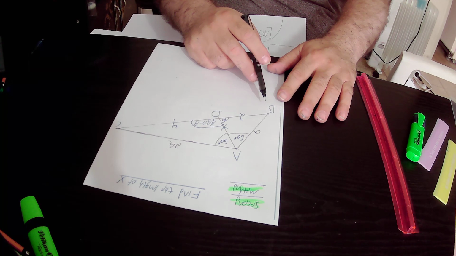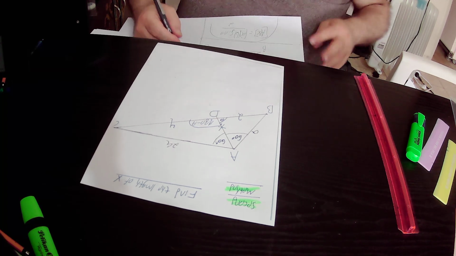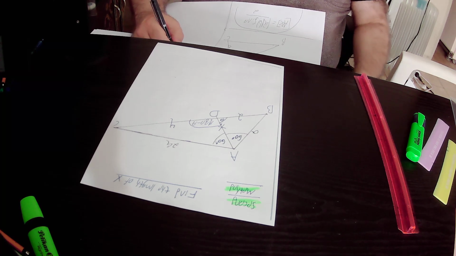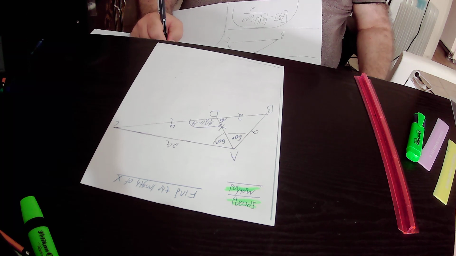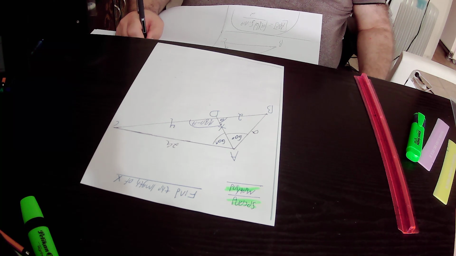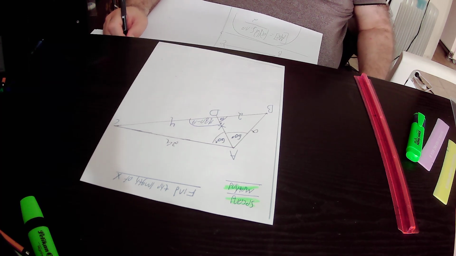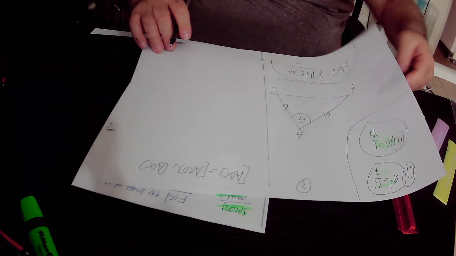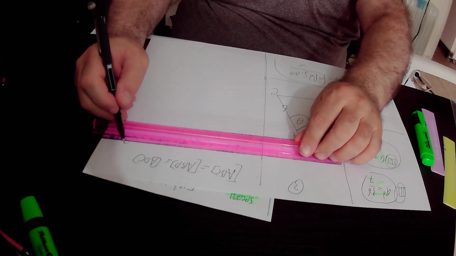So write it down that the area of the big triangle ABC equals the area of triangle ABD plus the area of triangle ADC.